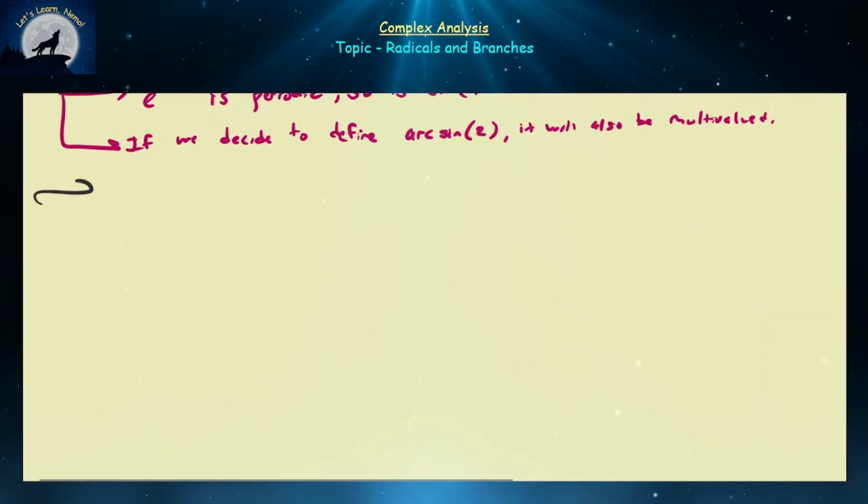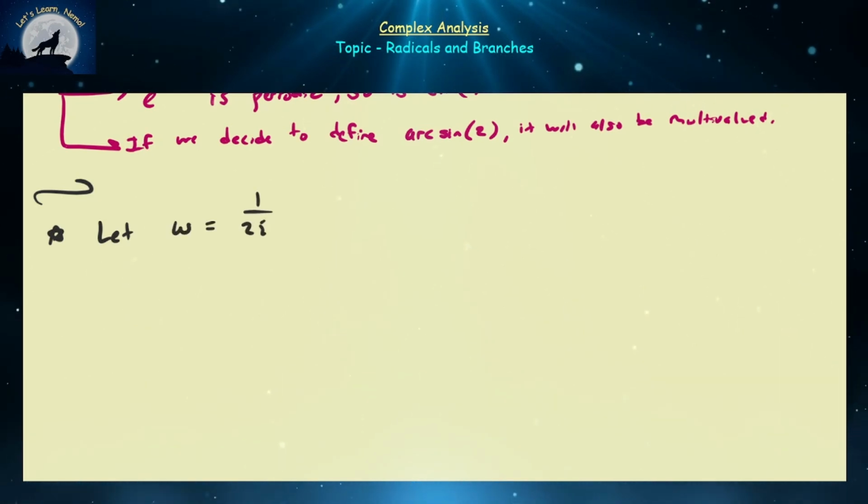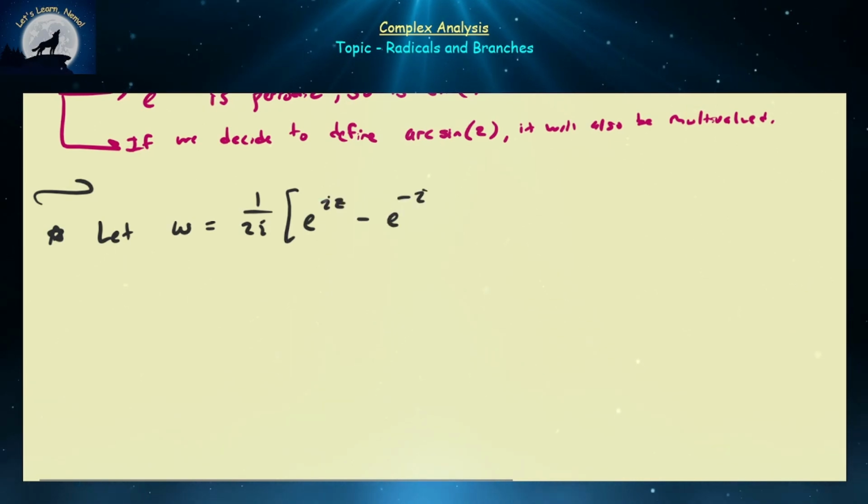We're going to go about it in a let's-solve-this-equation type of way. In particular, let's assume that w is equal to 1 over 2i times e to the iz minus e to the minus iz. So this is obviously going to be equal to the sine of z.